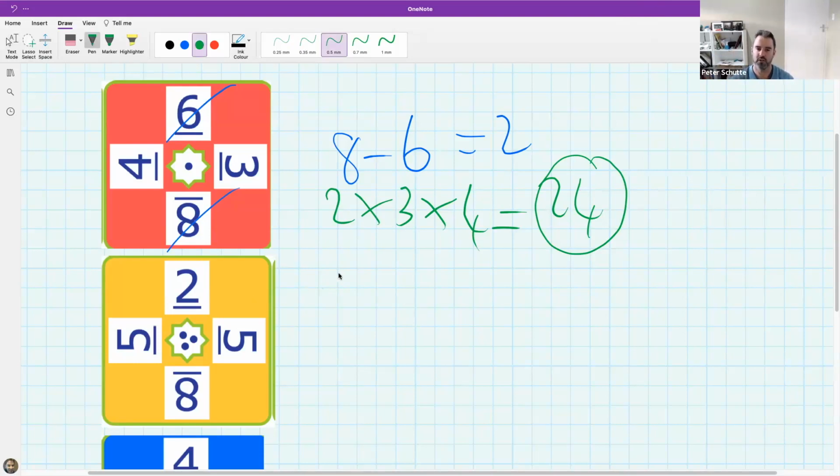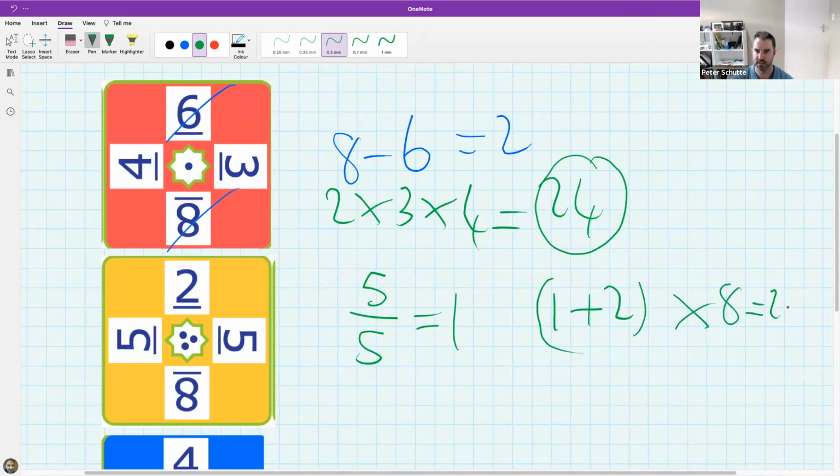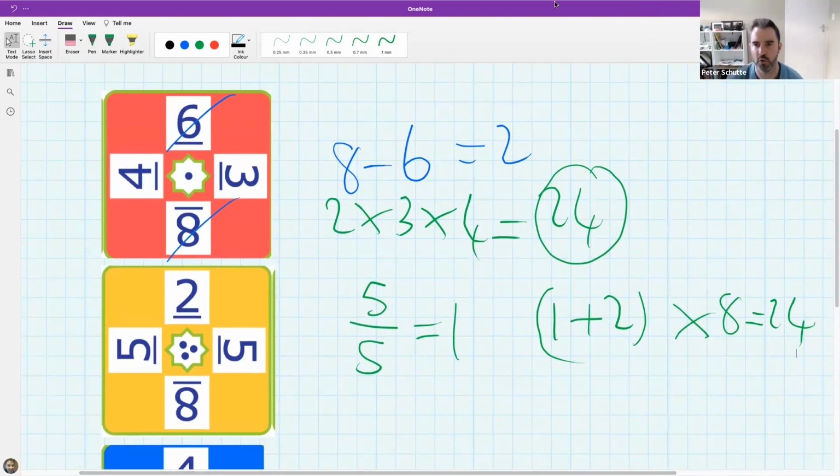Okay, so Bongokuhle has said 5 over 5 is 1. 1 plus 2 is 3. And 3 times 8 is 24. Yeah, perfect. All right. That is our little bit of Maths 24 for today to give our brain a break.